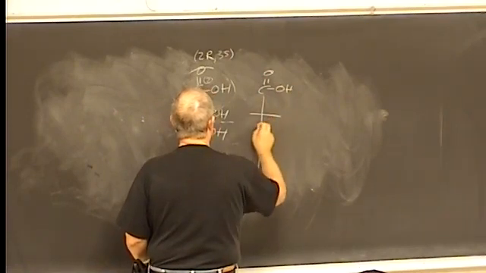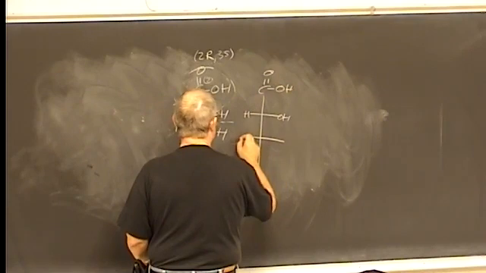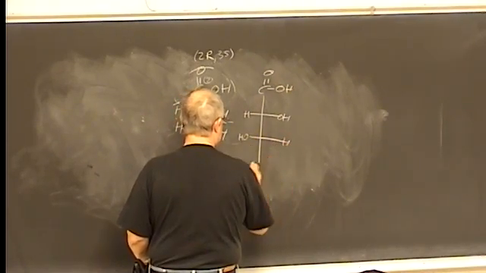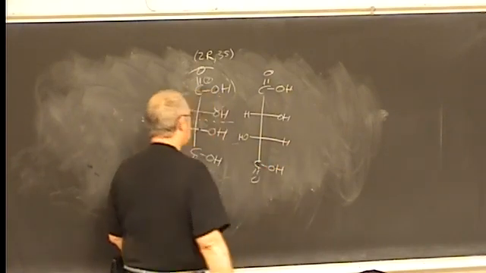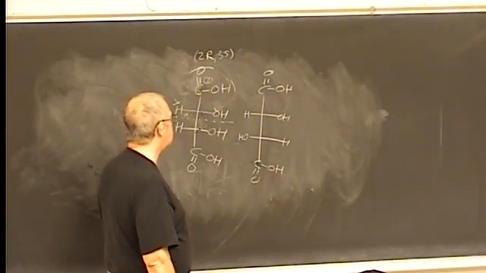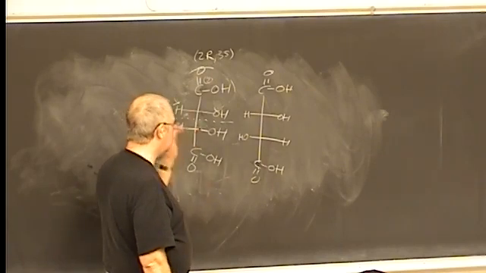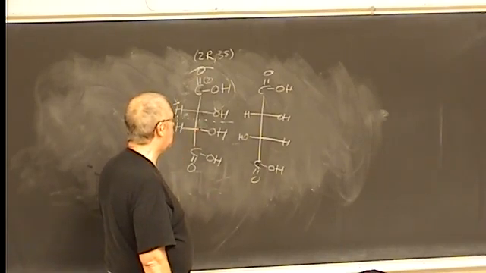So for example, these would be related as diastereomers. They are stereoisomers. The substituents are all on the same carbon numbers. Their three-dimensional shape is different.